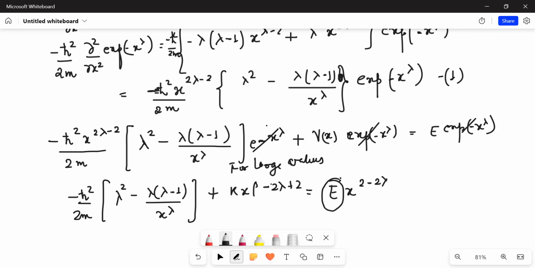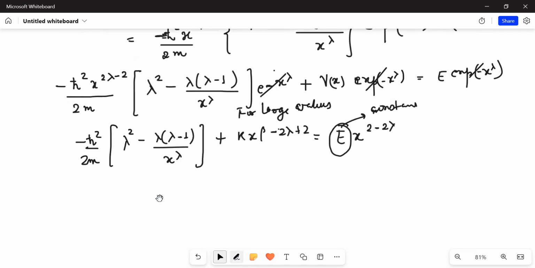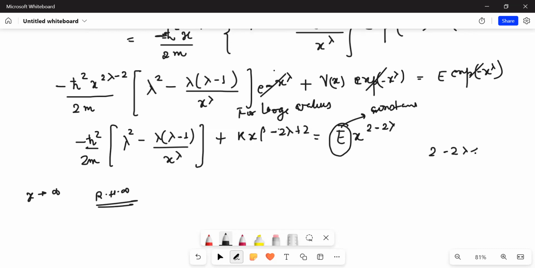And this is a constant, mind you. Now for large values, if I take x tending to infinity, my right hand side becomes 0, provided 2 − 2λ is negative.